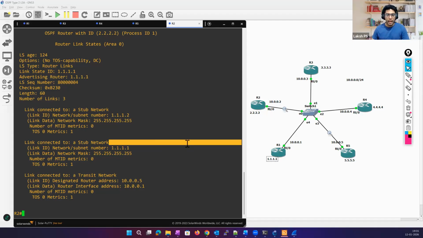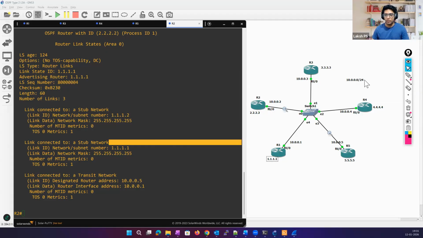So this is what happens in the broadcast network. With this, we are done with OSPF on Ethernet links.